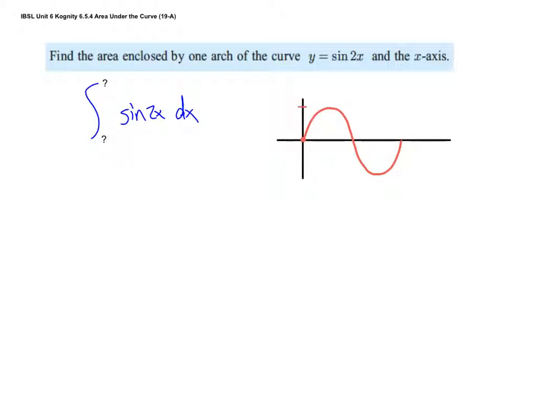The amplitude has not been changed, so it still goes from 1 to -1. What is the period here? Pi over 2. Okay, why do you say that? Because 2 pi is the whole thing, 2 pi is normal, right?